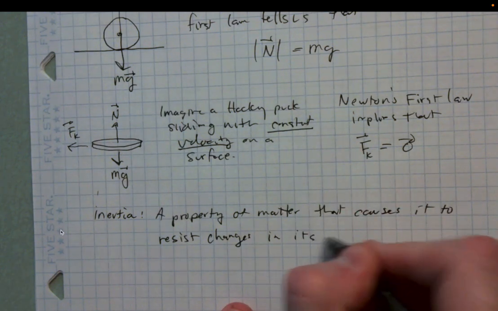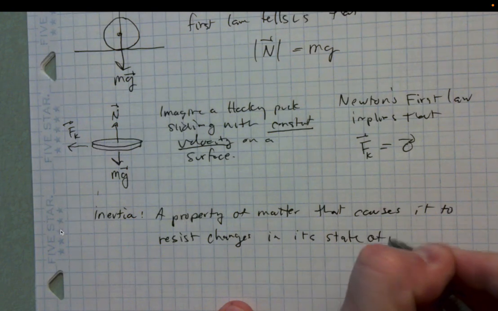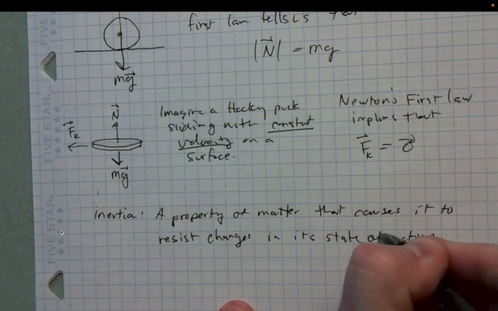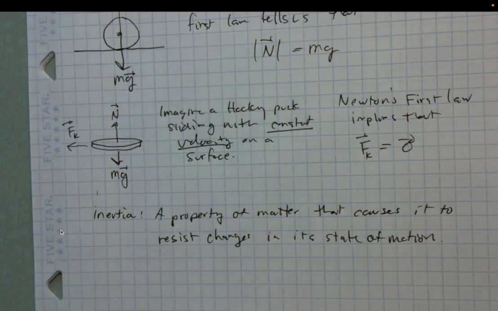We'll say in its state of motion. Right? So objects that are sitting still, they don't just start moving for no reason, right? And this is because of the concept of inertia. Something has to come along and make them move. And the bigger an object is, the more massive an object is, the more inertia it tends to have. Okay, so objects at rest will remain at rest unless acted upon by an outside force.